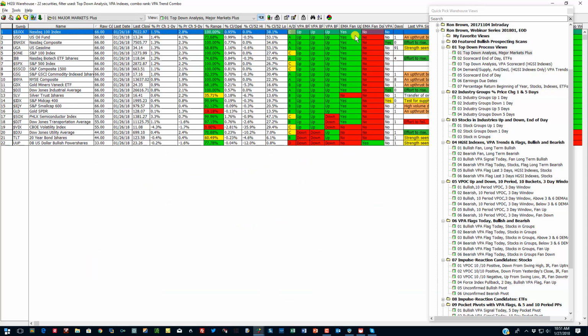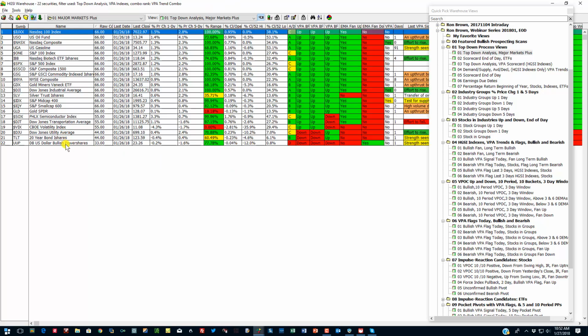But that's where the movement was on Friday, up 1.5% on the NASDAQ 100, followed by the oil fund. Oil prices are hitting new highs, multi-year highs. Here's the NASDAQ composite. It was just a very strong day. So I look at this, I get a feel for what happened.